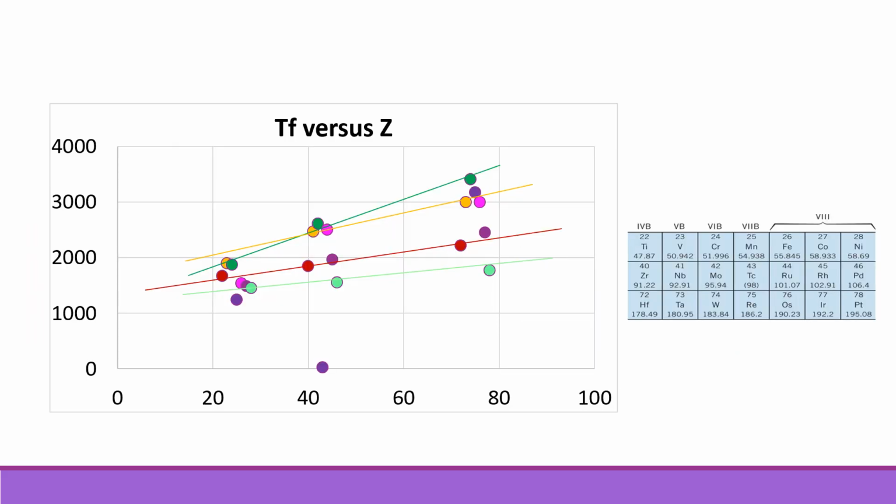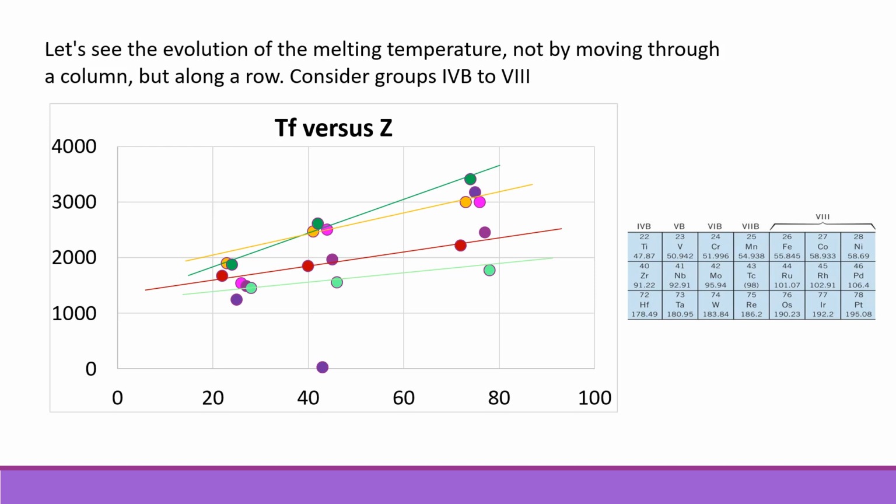We have represented here the evolution of the melting temperature, not as a function because it's not a real function, but versus the atomic number for these elements. Let's see the evolution of these materials, not moving through a column as we have done before, but moving along a row.